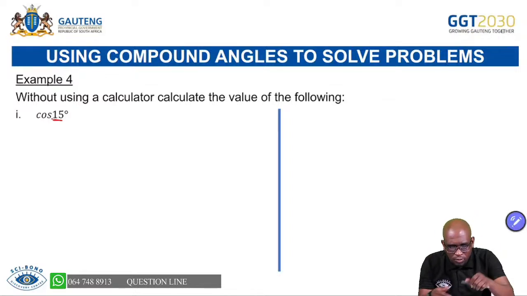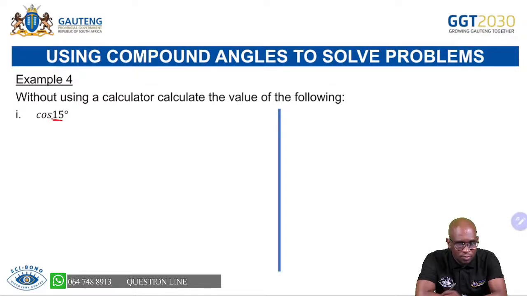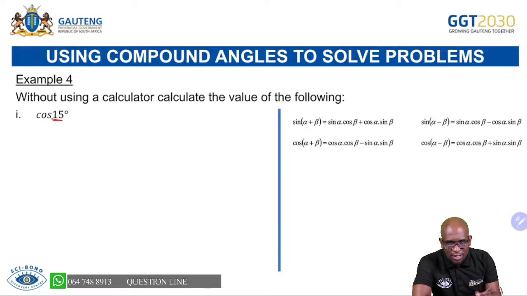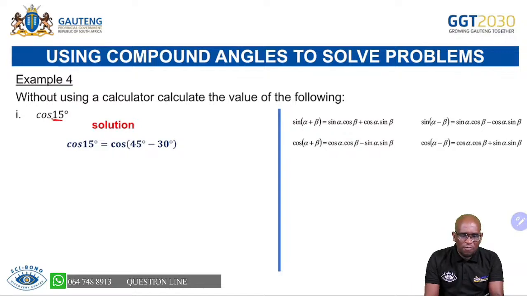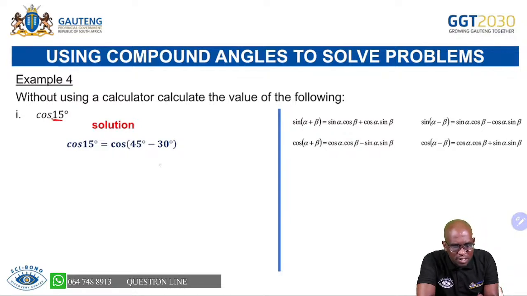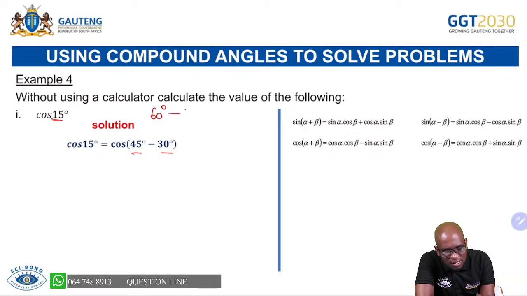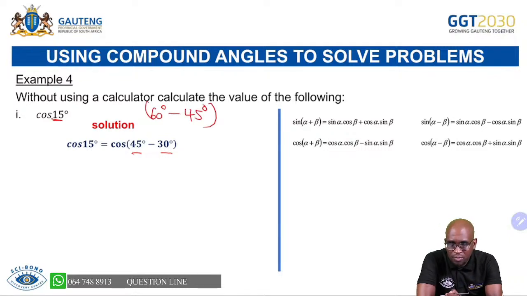So let's look at that. There are the frames of reference first, and then let's check. The cosine of 15 degrees can be written as 60 minus 45, and this is also okay.